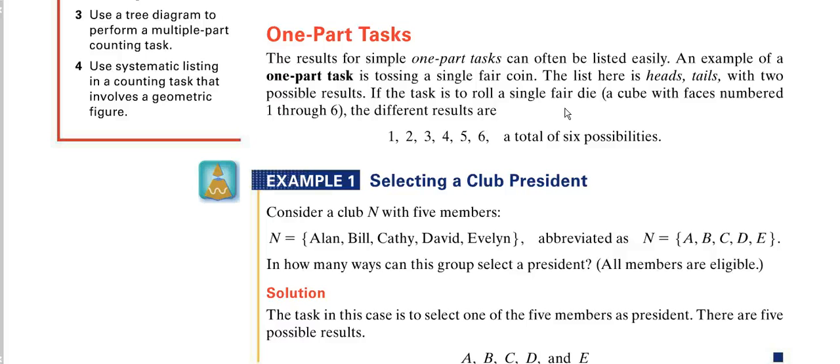We're still in the counting stage. But then if you had 2 coins and you're going to flip them, how many different possibilities? Well, 2 heads, 2 tails, and then 1 head and 1 tail, and 1 tail and 1 head. So there'd be 4 possibilities.